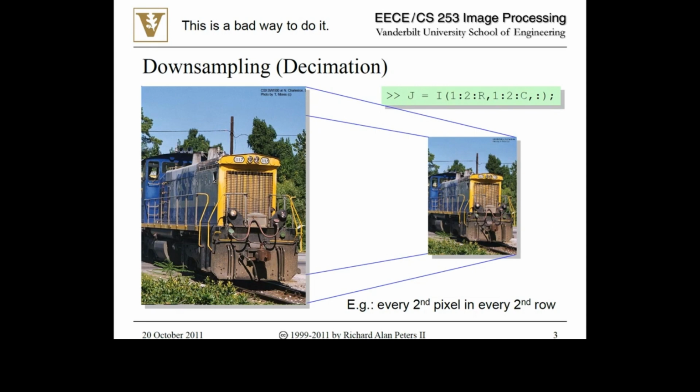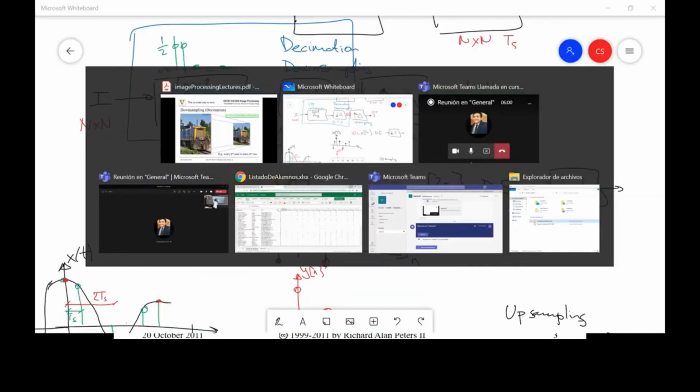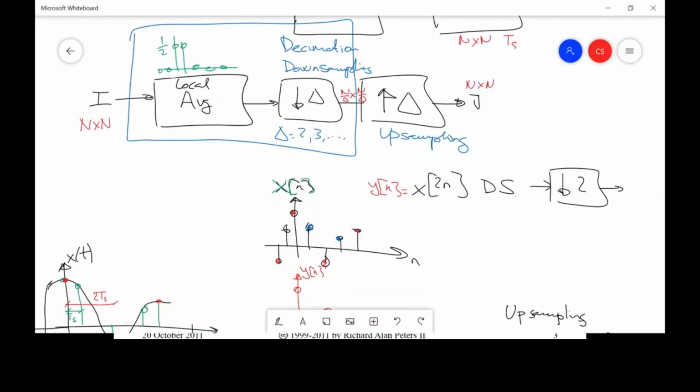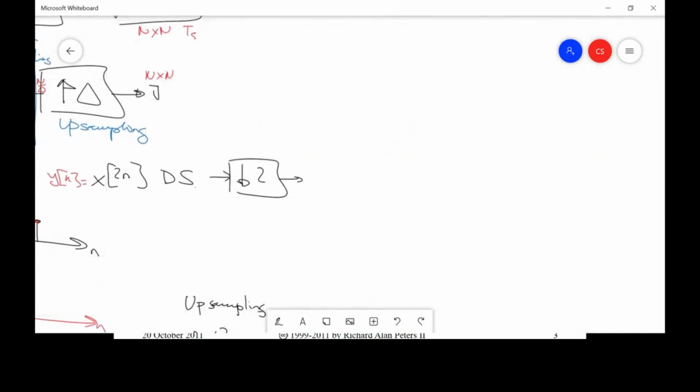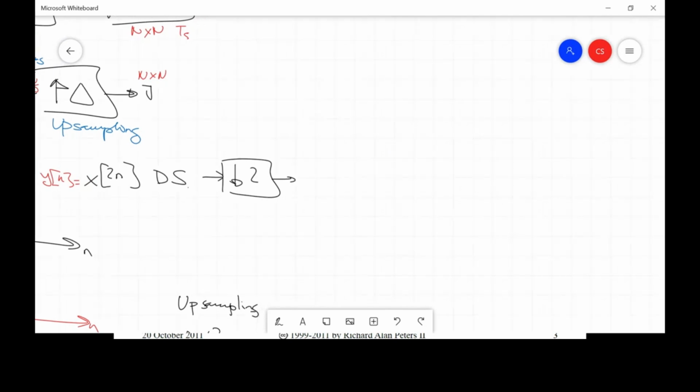You know the reason already. So what happens when you apply this operation? You may have what? Aliasing. So what we are seeing in that pattern at the front of the train is aliasing. So now with images, not with signals. Okay, so let's study this kind of thing.